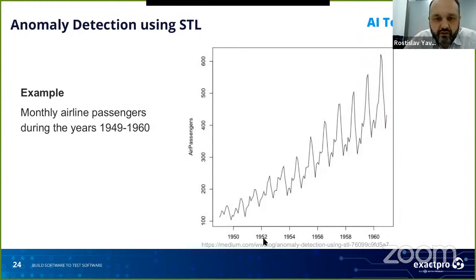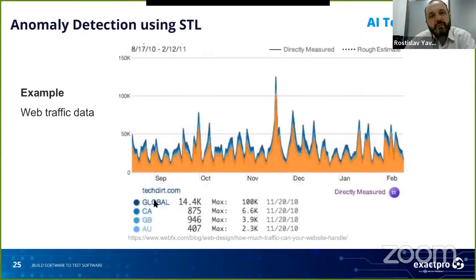The link is here, and you can easily find it. And another good example for applying STL is web traffic data. Each of you can easily access this kind of data by installing Google Analytics or just any other statistical analysis for your web page. This data could be analyzed very well using this method.